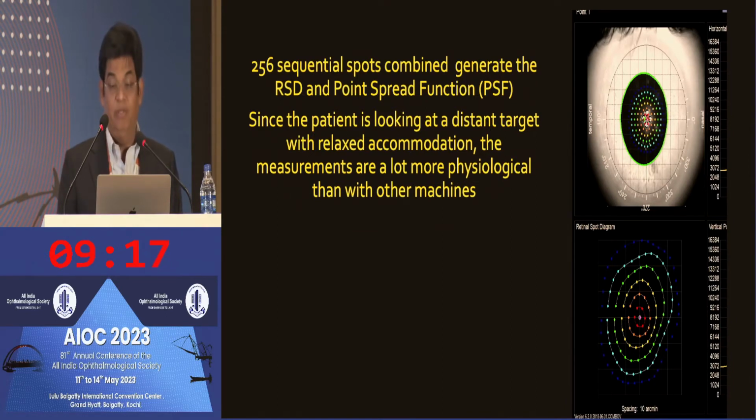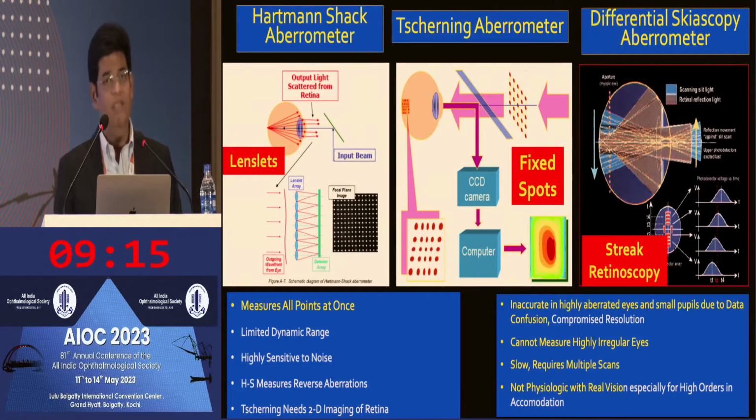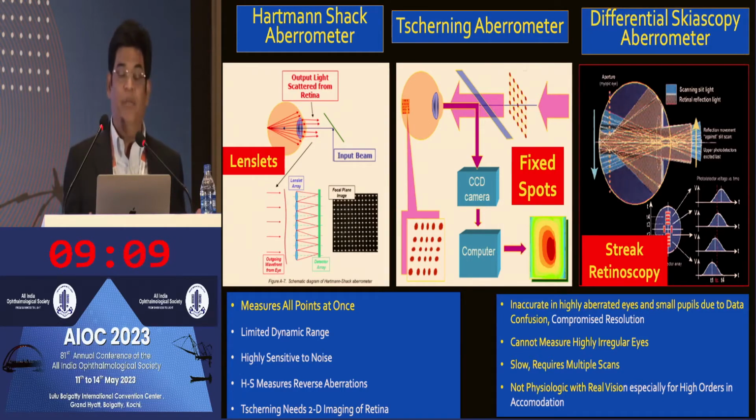Now, this is the problem with some of the more common aberrometers, which are using the Hartmann-Shack principle, or the Scheiner principle, or maybe skiascopy. What happens is we have lenslets and they fire a fixed signal into the eye. The signal comes out and we analyze that.